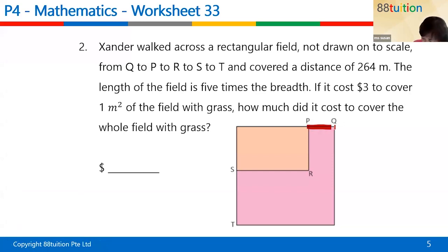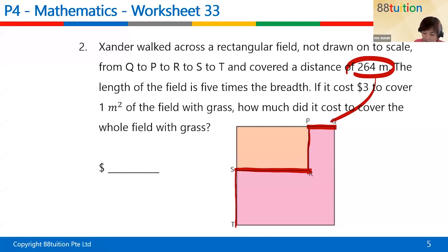So he's going to walk from Q to P, then from here to R, then from here to S, then from here to T, and cover a distance of 264.